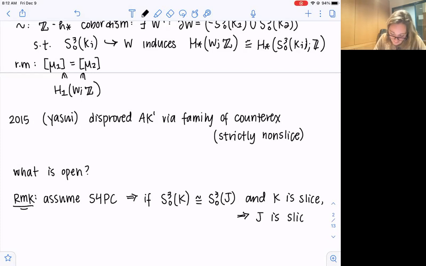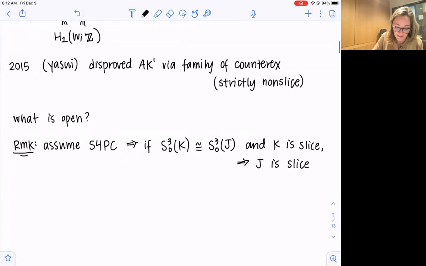So in general, if we are trying to find a counterexample, and we're looking for an interesting way to build exotica, this is a good place to look: build examples where some knot is slice and shares a zero surgery with a non-slice knot. But this is obviously a very difficult question to answer.